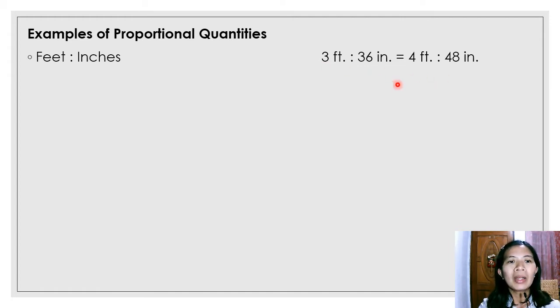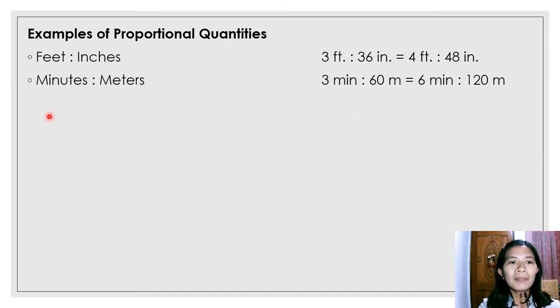So they are proportional quantities. Another one, minutes is to meters: 3 minutes is to 60 meters, and 6 minutes is to 120 meters. So they are proportional quantities. Meaning, in 1 minute is to 20 meters.